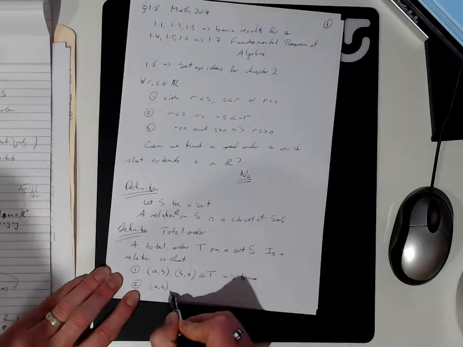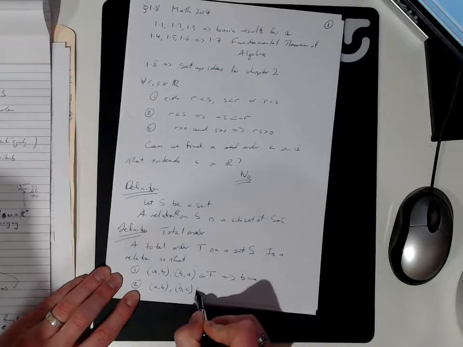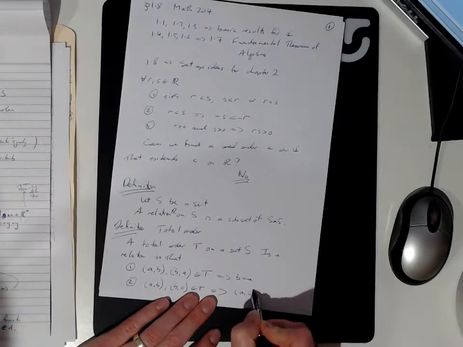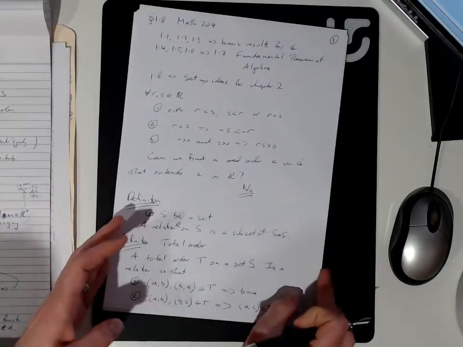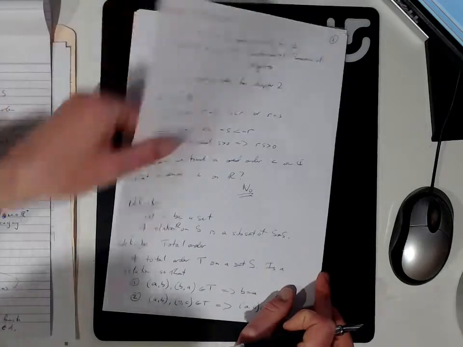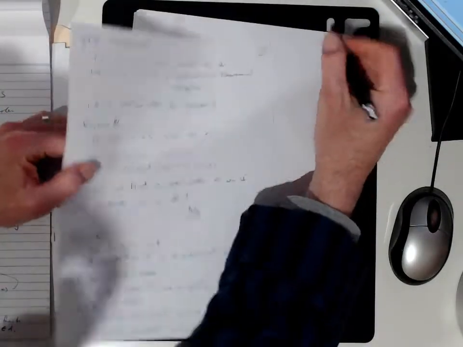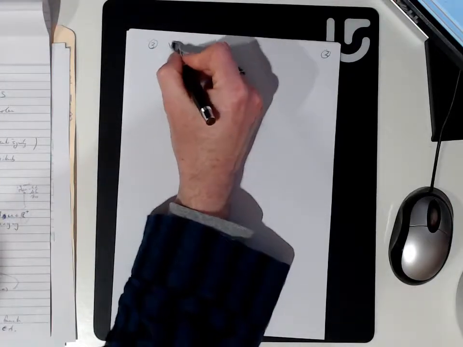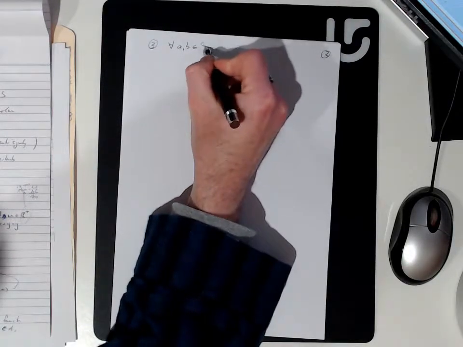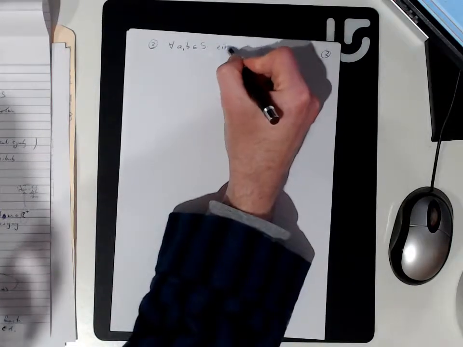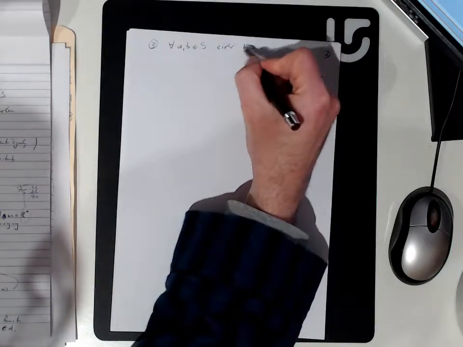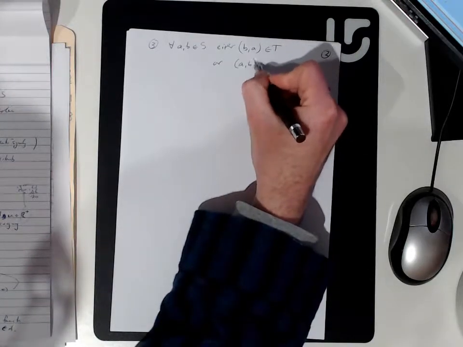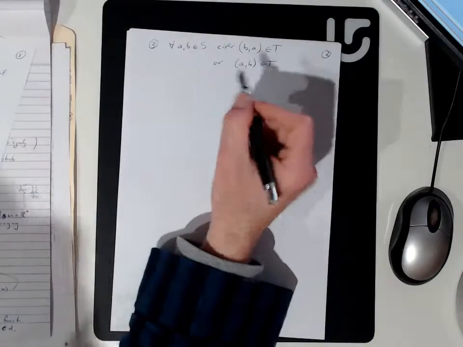(A, B) and (B, C) an element of T implies that (A, C) is in T. And the third property is that for all A and B in S, either (B, A) is an element of T or (A, B) is an element of T. So that's a total order.